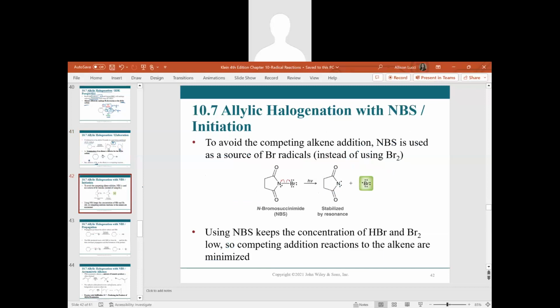A solution to avoid this competition would be to use NBS, N-bromosuccinimide. The bond that I pointed to with the arrow is the one that is homolytically cleaved to generate our bromine radicals, and we have this resonance stabilized radical over here. This helps to keep the concentration of both HBr and Br2 low, so that competing alkene addition from chapter 8 is minimized.